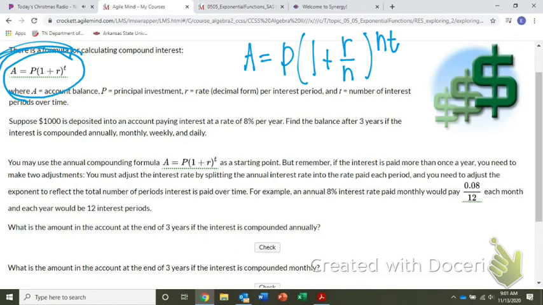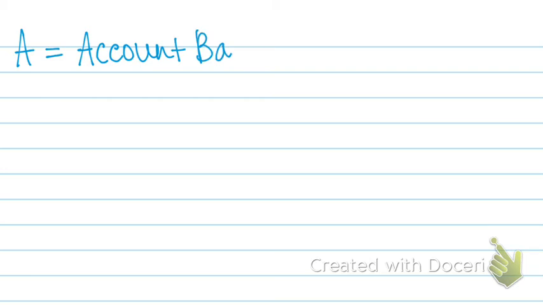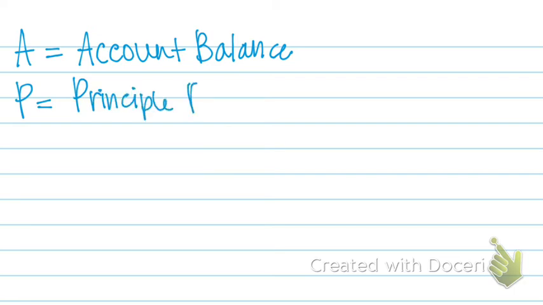All right, here's what all these letters mean. You want to write this down too so you remember. A equals account balance. P equals my principal balance.